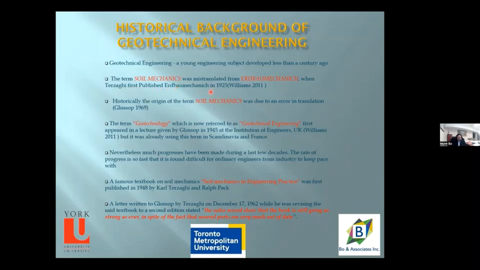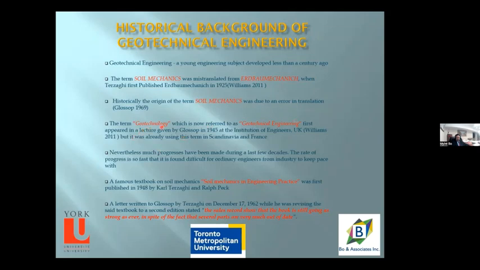There were several attempts in history to correct this mistranslation, but until now it has been unable to be corrected and stands as soil mechanics. Historically, the origin of the term soil mechanics was due to an error, as I mentioned.